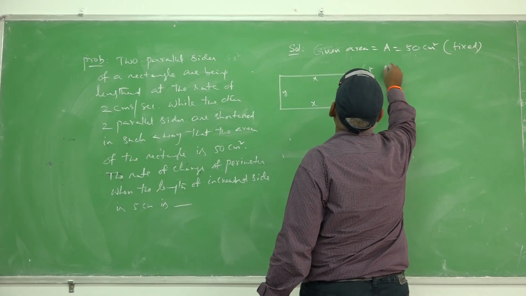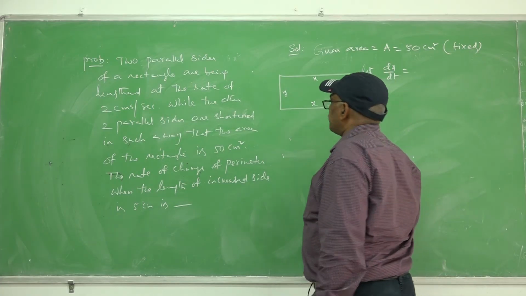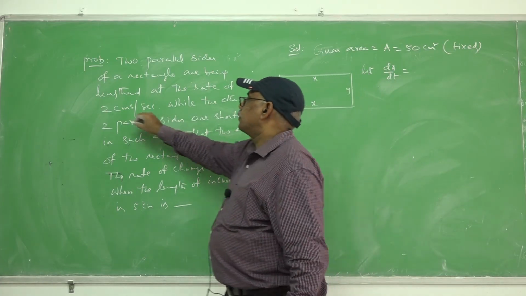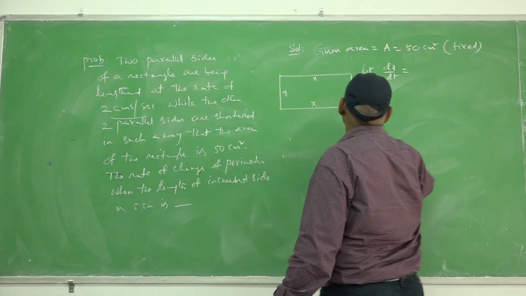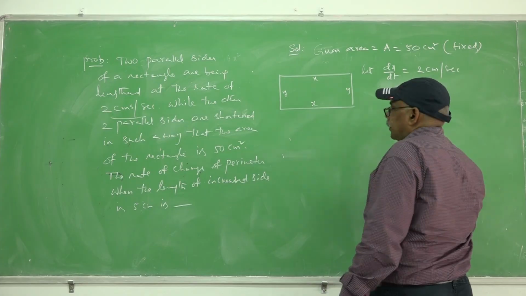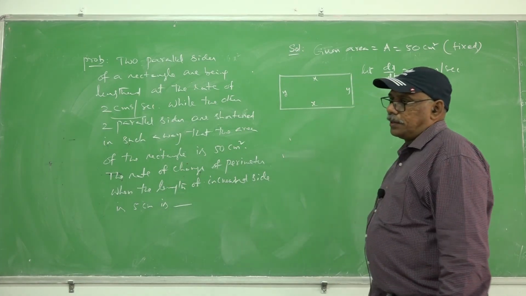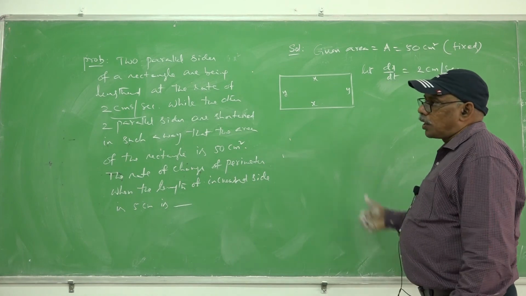Let dx by dt be the rate at which the length is increasing, 2 centimeters per second. Because it is increasing, I am taking it positive, whereas dy by dt is for the shortened side, not given.